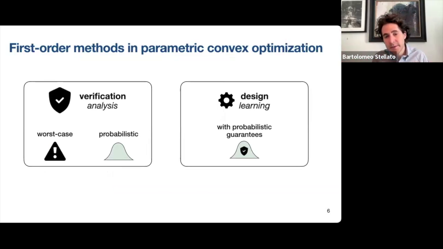And then in the second part of the talk, I will work towards designing first-order methods and try to use this data to learn faster variants by adjusting some hyperparameters and still ensure the probabilistic guarantees that these methods work very often, and very rarely fail to provide a good quality solution. So let me start from the first part, verification.